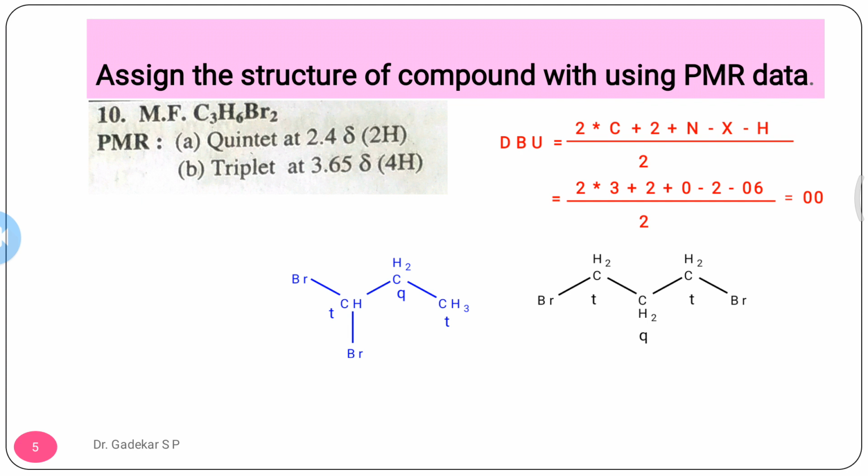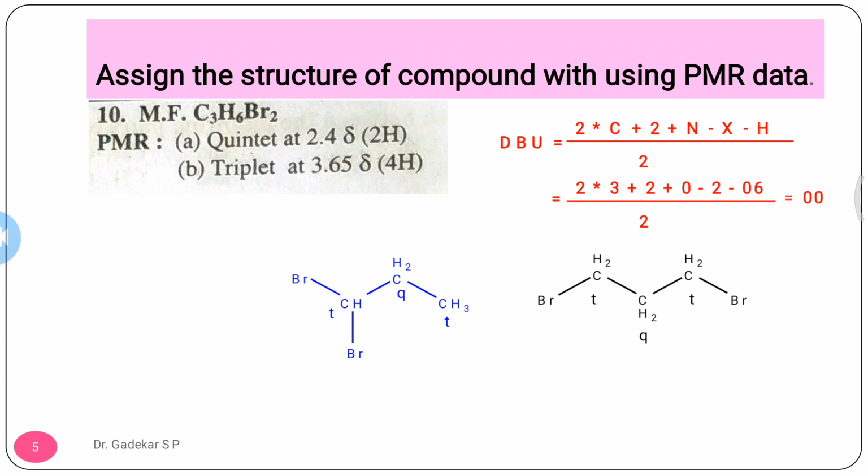But the delta values are the same. In blue the protons have different delta values, and in black the delta values are different, because of the CH3 group. 3 protons signal is not given in our data.